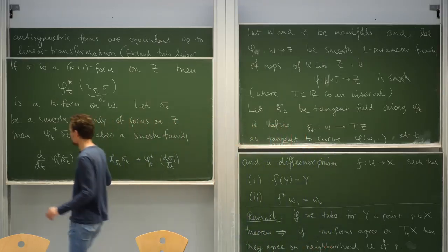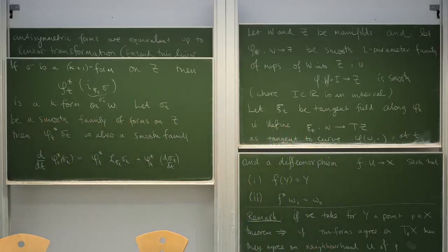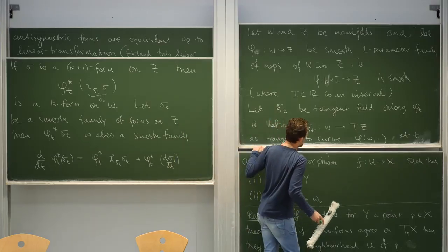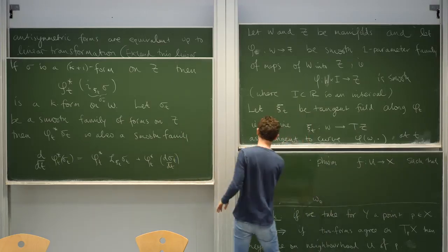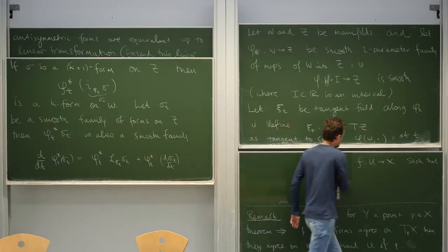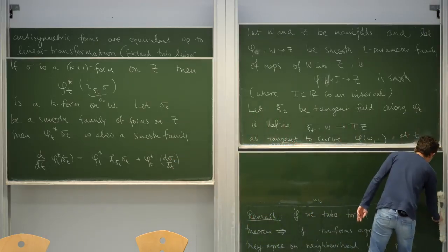And we can simplify it a little bit because we know that a nice form for the Lie derivative involves the exterior derivative and this interior product. So we're going to rewrite this right-hand side a little bit.